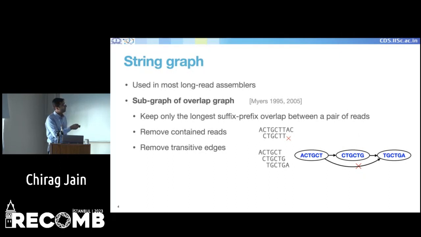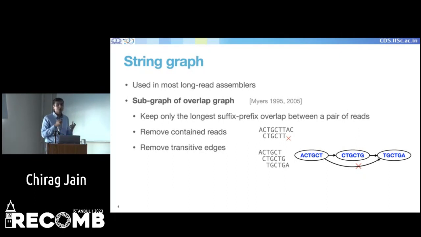So for example, if you have 3 reads where you have overlap from read 1 to read 2 and you have overlap from read 2 to read 3 as well, then the edge from read 1 to read 3 will be deleted, because the same path that can be spelled from read 1 to read 3 can also be spelled by going from read 1 to read 2 and from read 2 to read 3. So in summary, string graph is a subgraph of overlap graph, and it involves these sparsification techniques to make the graph simpler.